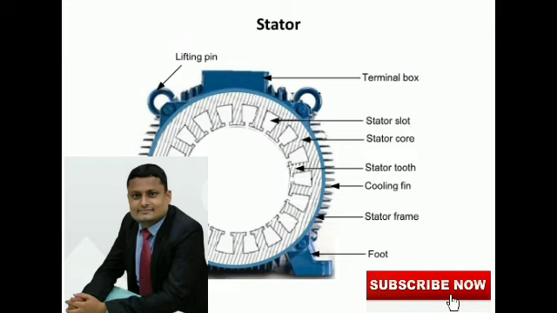As equals Zs into as by Ks, so the slot area will be 4 into 54.86 by 0.4, that equals 548.6 mm square. Here as is the conductor area, 54.86 mm square, Zs is the conductors per slot, that is 4, and Ks is the slot space factor, 0.4.